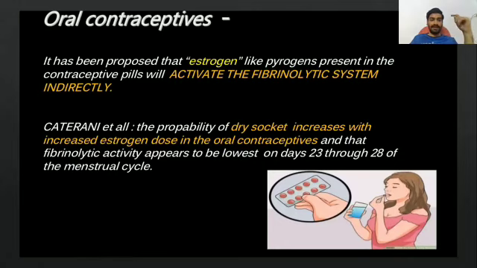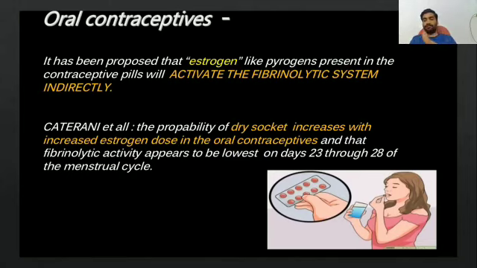So according to Caterani et al, the probability of dry socket increases with increased estrogen dose in the oral contraceptives, and fibrinolytic activity appears to be lowest on days 23rd to 28th of the menstrual cycle. So for example, we can say that the fibrinolytic activity is going to decrease between the 23rd to 28th day of the menstrual cycle.